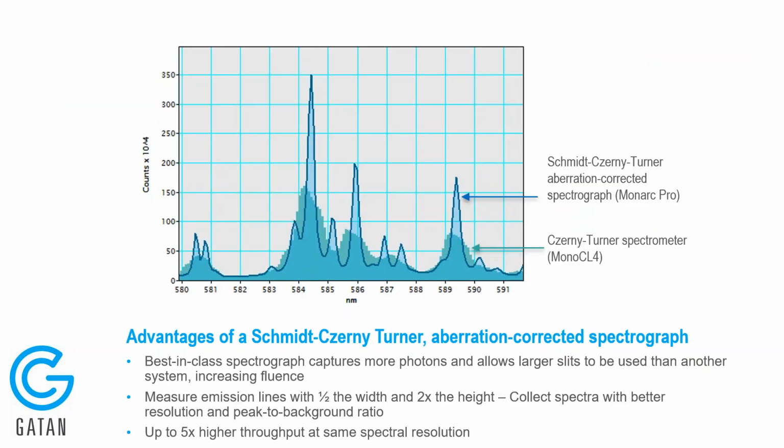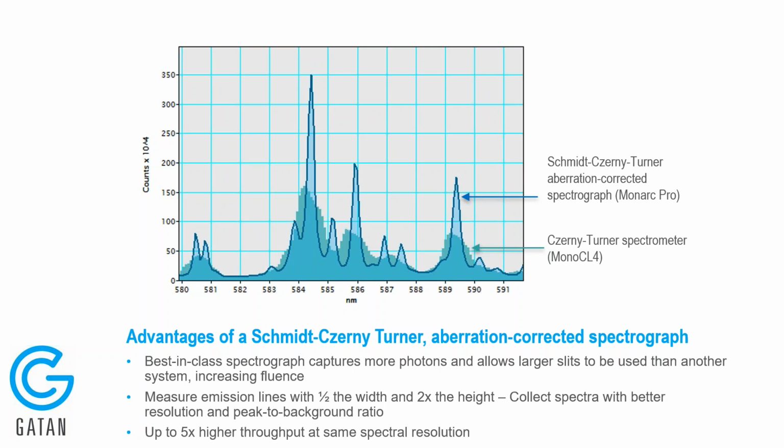What this means is that when we look at the spectra from these two different types of spectrometer, we see that the Monarch system, with its improved optical design, has significantly taller and sharper peaks measured from the same specimen. So we have much higher spectral resolution and much improved signal to noise.